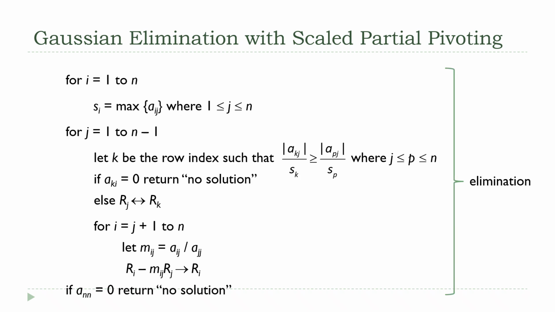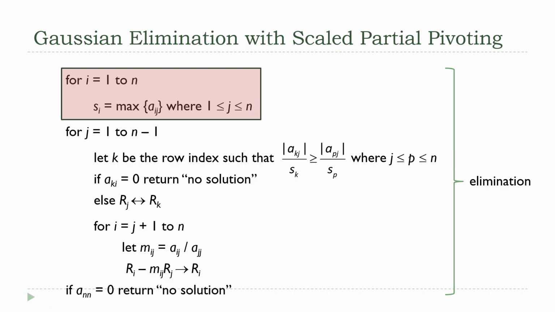Okay, so I've got our revised algorithm here. This is what we're going to call Gaussian elimination with scaled partial pivoting. And I've really made two changes. First, I've added this section here. We're going to need the scaling factor, that biggest value from each row, over and over again as we process all the rows of the matrix.